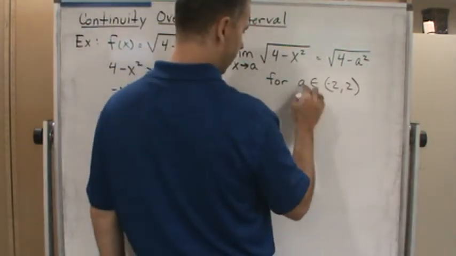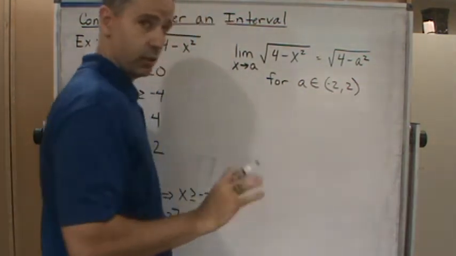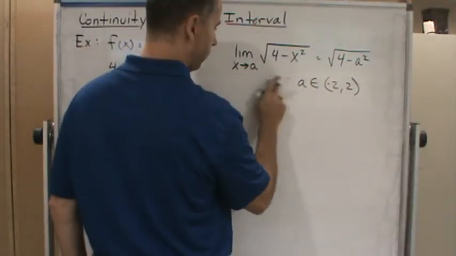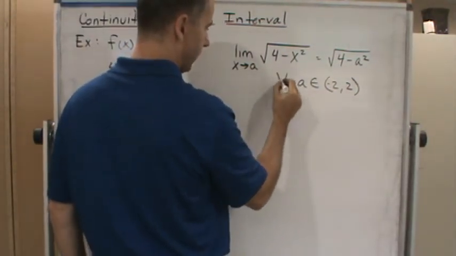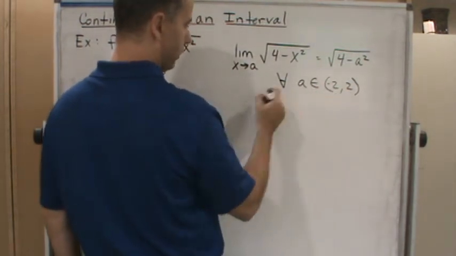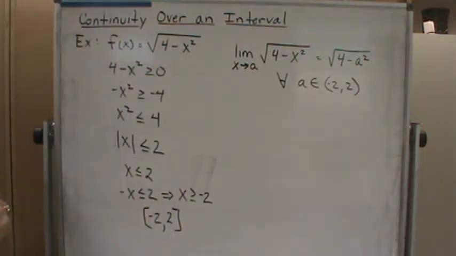By the way, this symbol means element of, just a little bit of shorthand. Another symbol is the upside down A, which means for all values of a in this interval. So that takes care of the open interval from -2 to 2.